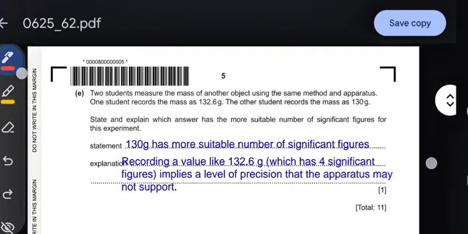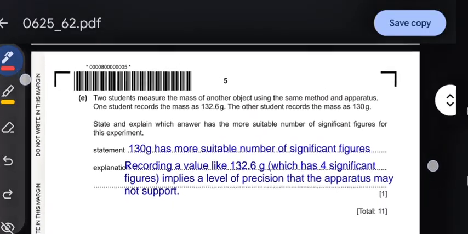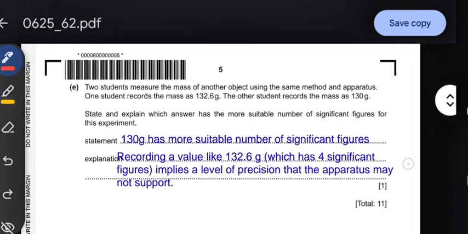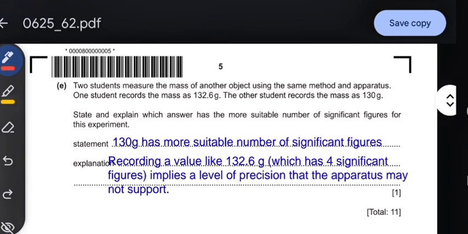Now two students measure the mass of another object using the same method and apparatus. One student records the mass as 132.6 gram. The other student records the mass as 130 gram. State and explain which answer has more suitable number of significant figures for this experiment. The answer is that 130 gram has more suitable number of significant figures.